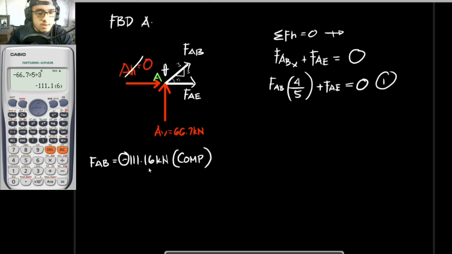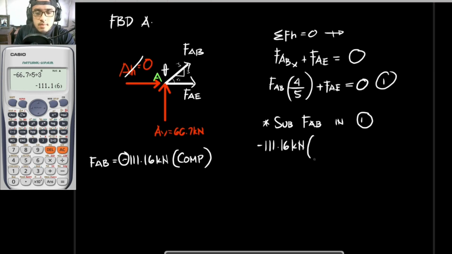Okay, since we already have our value for FAB, substitute FAB in equation number 1. Since our FAB is negative 111.16 kilonewtons, times 4 over 5, plus FAE is equal to 0.